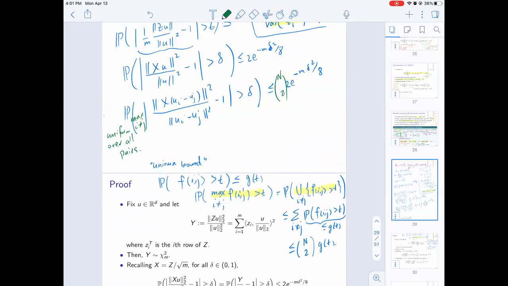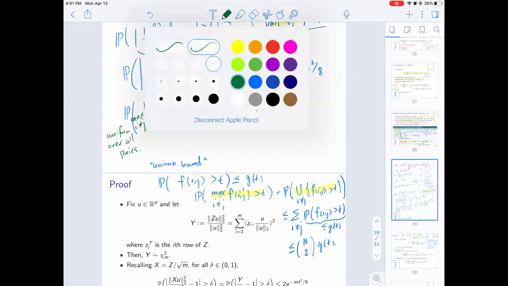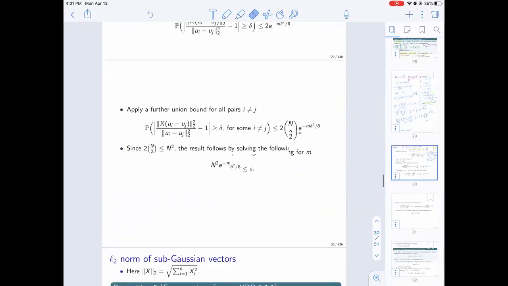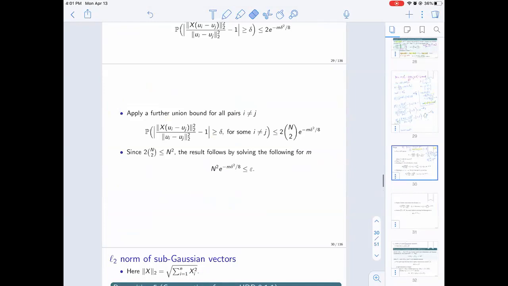So what is the final step? I want this other side to be bounded by epsilon, yes. So I would actually further bound this by, I think, n squared. So you could just bound 2 times this by that, so that's the same bound.